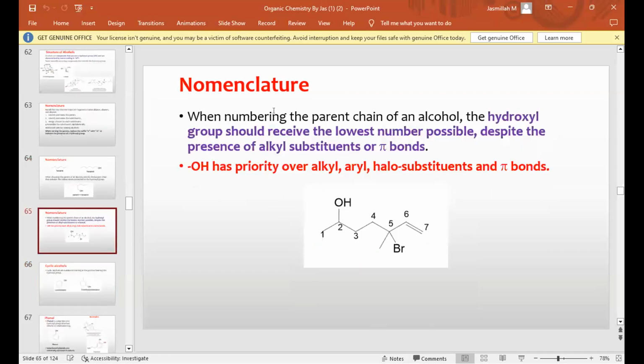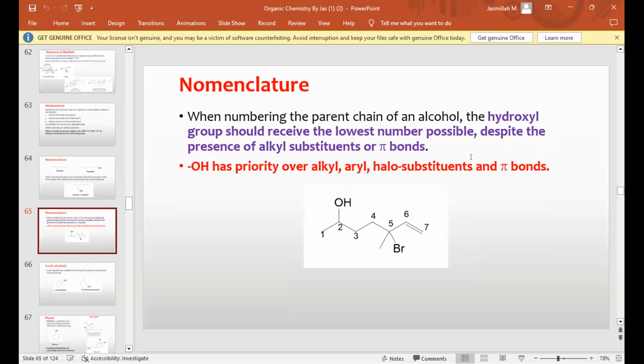When numbering the parent chain of an alcohol, the hydroxyl should receive the lowest number. Unlike when we were naming the halides, where the halides and the alkyl have the same priority, here we want to give our OH group the lowest number.